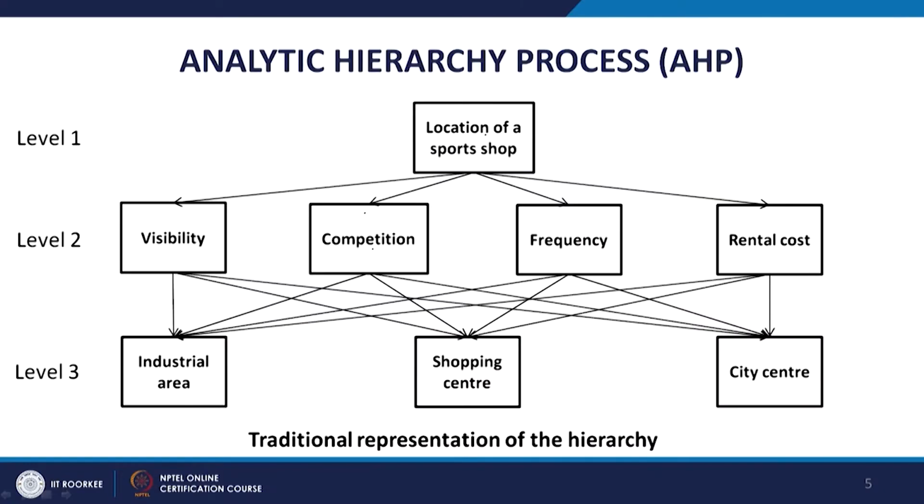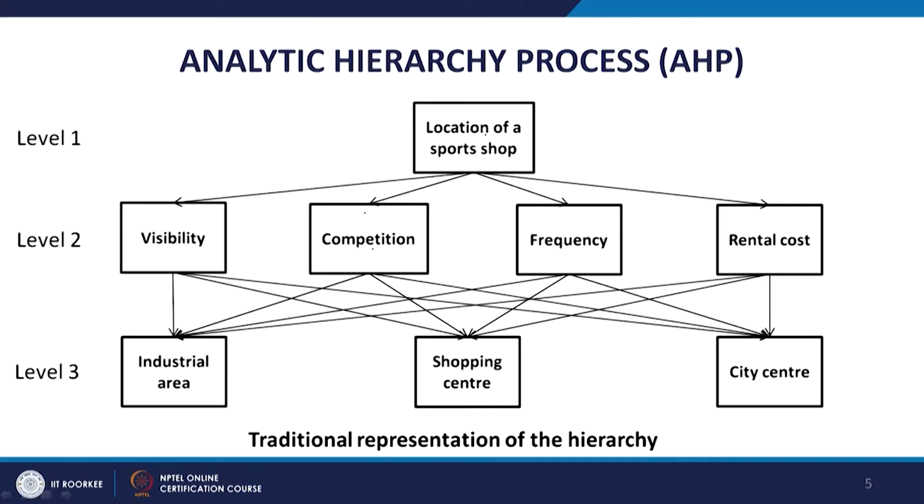So, given the characterization that I have given, the criteria that I have talked about, and these three alternatives, now we will talk about how we can apply the AHP technique to solve this problem. So, the problem structuring step we have talked about, and in that we talked about the three levels: goal, criteria and alternatives.